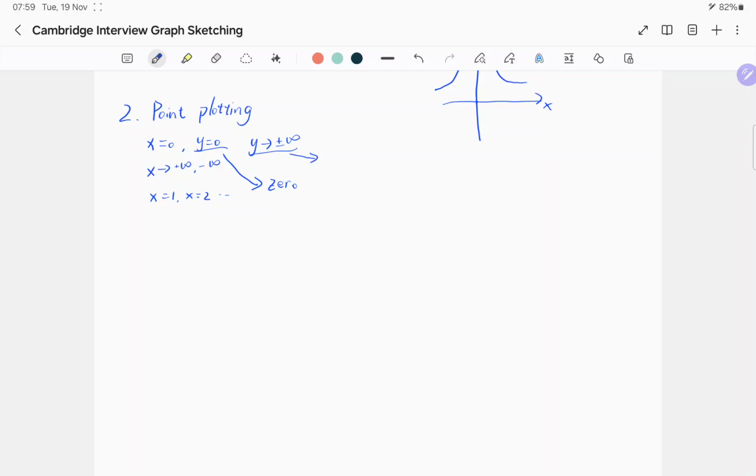And what does this mean? Well, it means it is an asymptote: when x approaches this point, y approaches infinity. So most of the time it is not defined at this point. So when you see a point that is not defined and its nearby region is all defined, then it will probably look something like this.